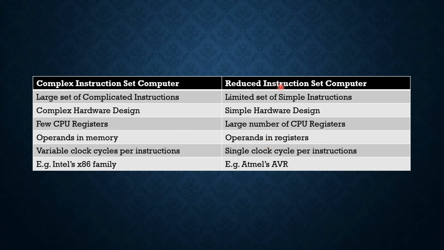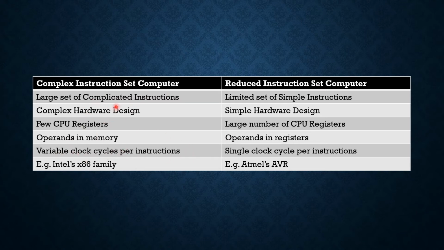Now again, as the instructions are very simple, we don't need too many clock cycles for processing a single instruction. A single clock cycle can be sufficient to process a single instruction. But as the instructions are very complicated in the CISC architecture, a single clock cycle will not be sufficient to process a single instruction, so variable clocks will be needed.